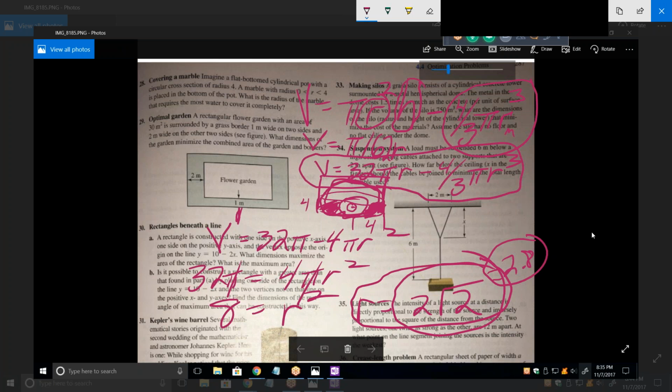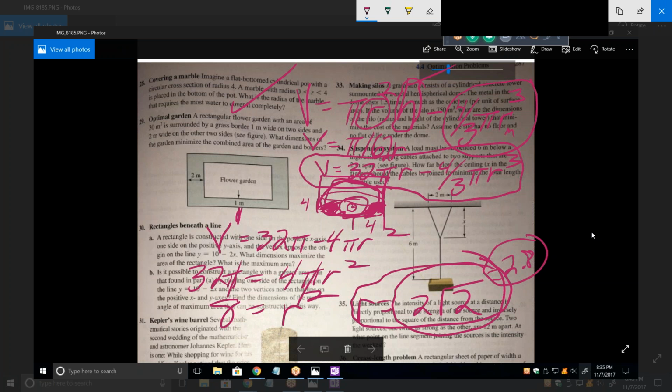But again, we had 2 equations. Our most important equation was the volume of the water that's going to be in this pot. And that is the volume of the pot minus the volume of the marble. That's the amount of water that's going to be in there if it's up to the top. I should say the height of the water.